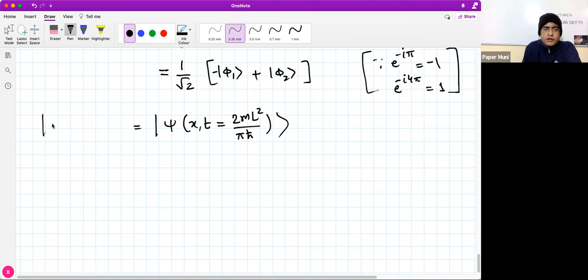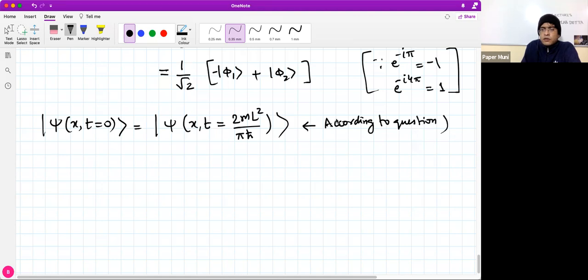This side is ψ(x, t=0). Now this is given according to the question. According to the question, this is what we need to do. All right, so let's see what happens. Let's place all the values here. So on this side we'll have 1 by root 2, ϕ1.